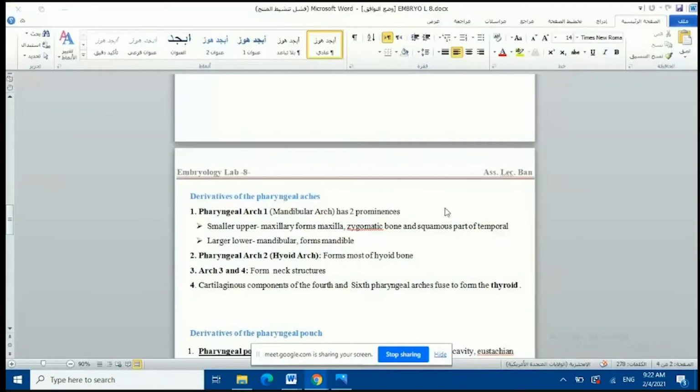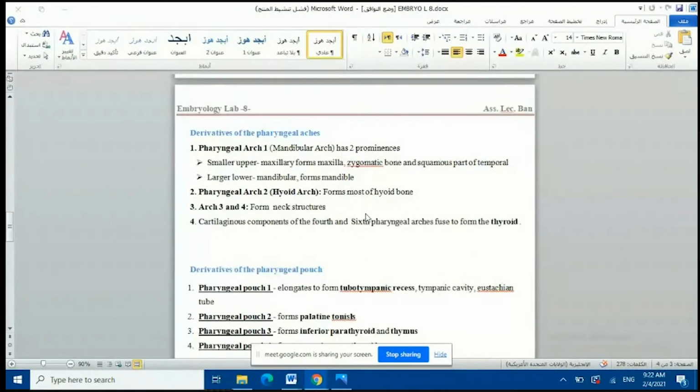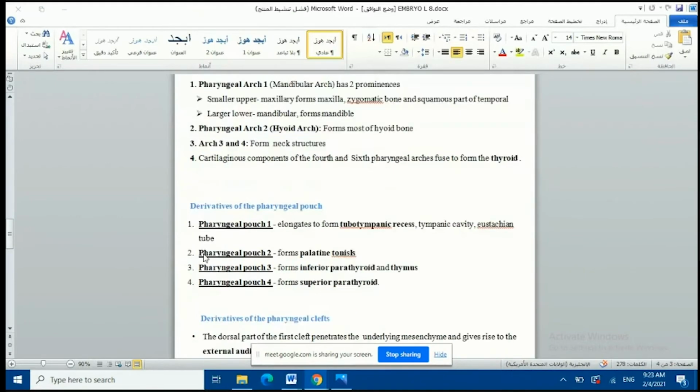So you need to know all of this, and I will ask you one by one. For example, pharyngeal arch number 1 has two prominences. One of these prominences is called the mandibular prominence, or larger lower, that forms the mandible. Is it true or false? You can answer. If it's true, true.